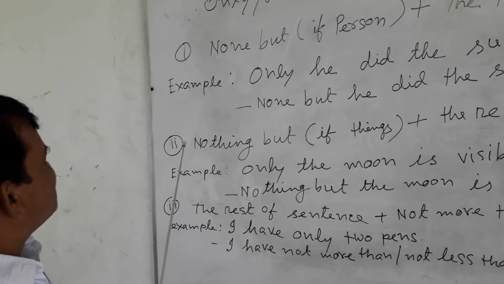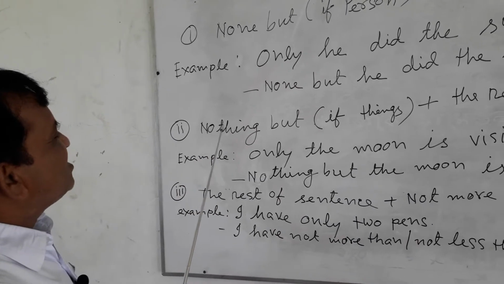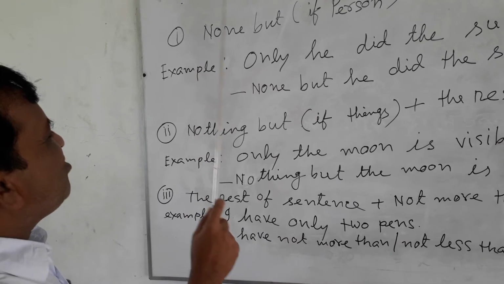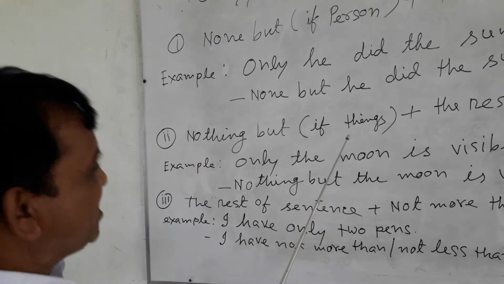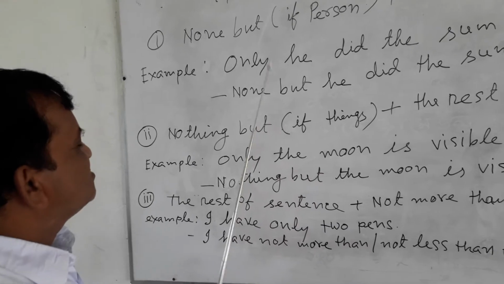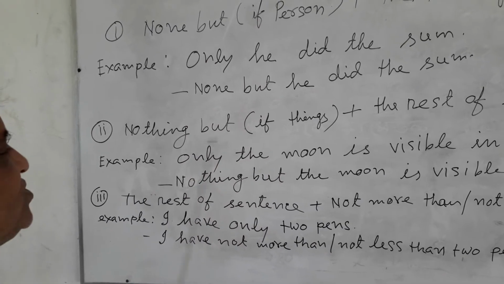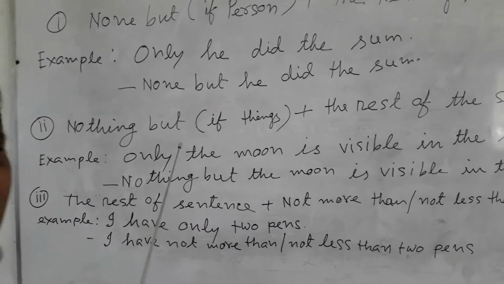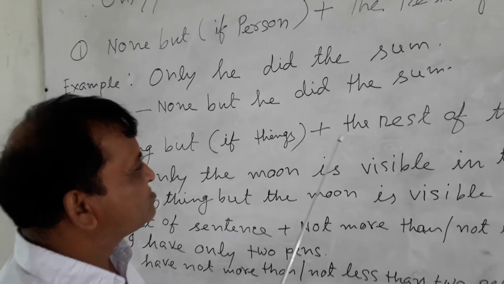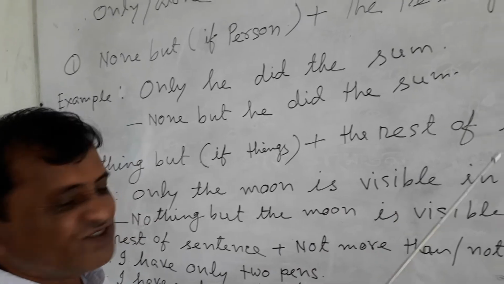The second item: if only or alone indicates things, the negative sentence will be, according to the structure, nothing but plus the rest of the sentence.